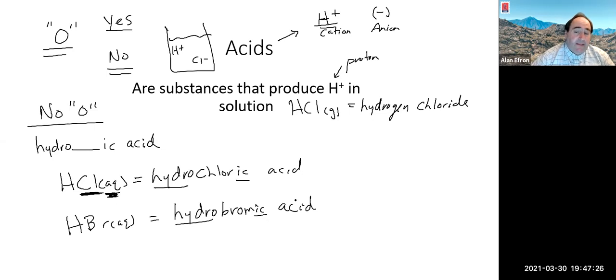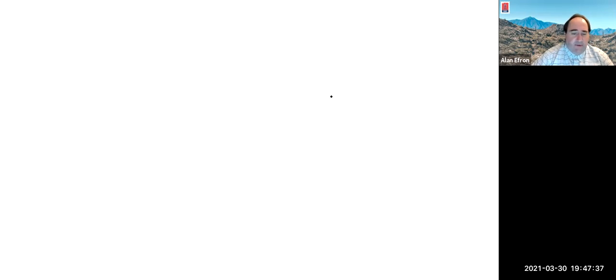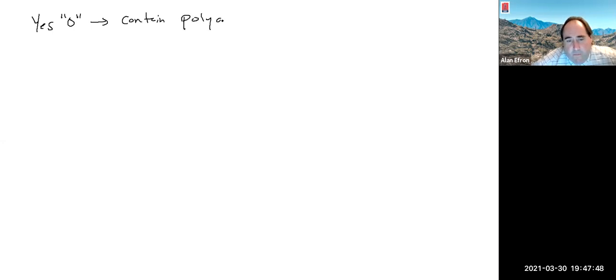Let's talk about acids that actually do contain oxygen. If we have acids that contain oxygen, they will also contain something that everybody loves. Probably not. If it is yes to oxygen, it will contain a polyatomic ion. And if you remember, as we just talked about, those polyatomic ions for the most part end in one of two ways.